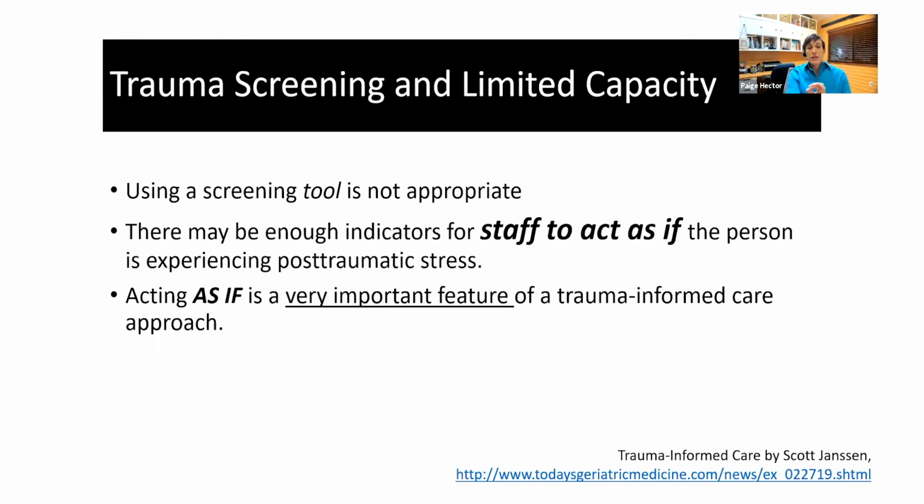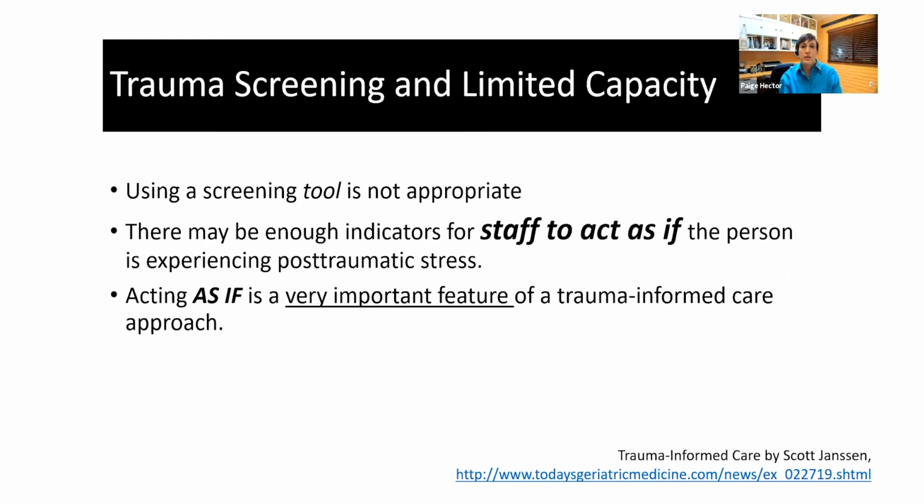So, trauma screening and limited capacity. We want to make sure that we understand that just because a person has limited capacity, for example because they are living with dementia, or they have a traumatic brain injury or another illness or condition that makes it difficult for them, it doesn't mean that we don't screen for trauma. It just means that we go about it a little bit differently.